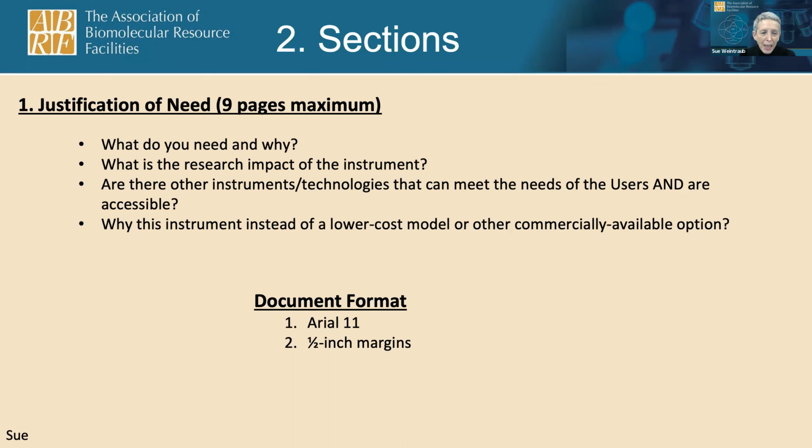Because this is not a case where the panel will say, well, I like the proposal, but they've asked for too high of a model, so we'll cut the budget and give them something a little less. No, this proposal is evaluated based on what you're asking for and compared with other commercially available options.